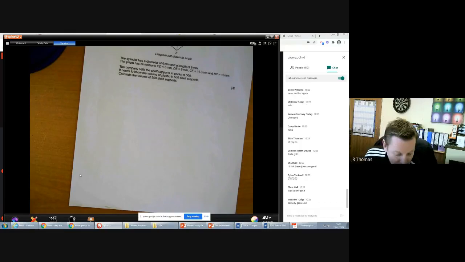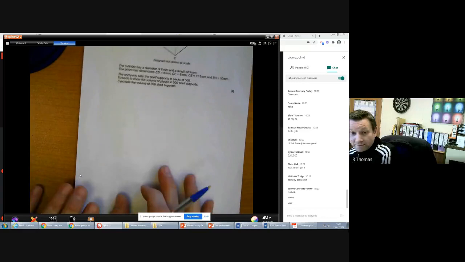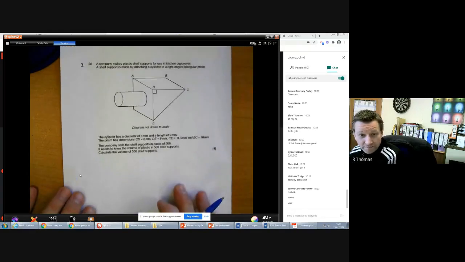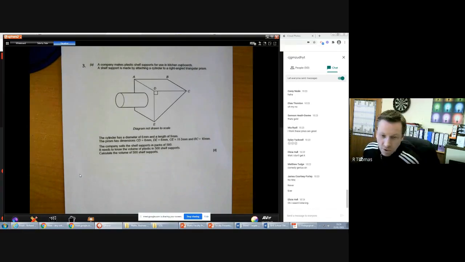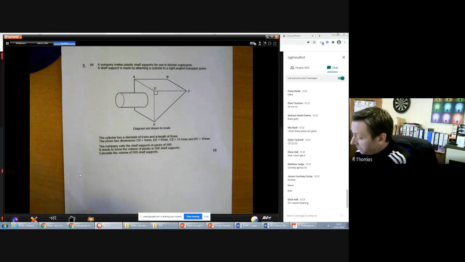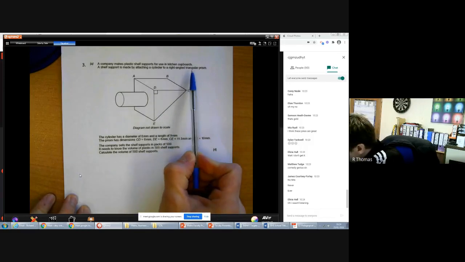Right, okay. Question 3. Again, straight away you can tell this is off a numeracy paper. It just looks numeracy-ish. It says a company makes plastic shelf supports for use in kitchen cupboards. Shelf support is made by attaching a cylinder to a right-angled triangular prism.